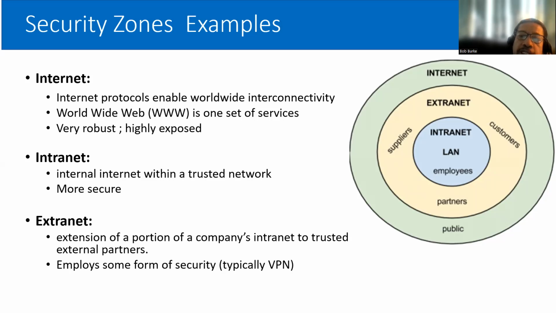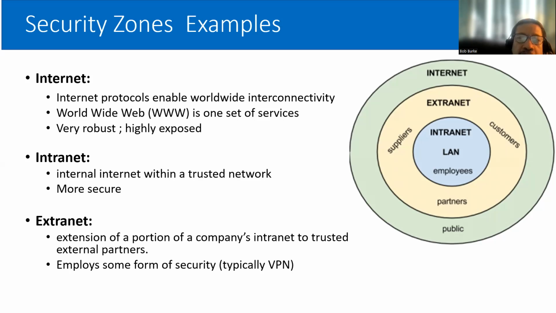An intranet is where we have an internal version of the internet, and only internal users can get to it. Outside, external users cannot get to your intranet. So for example, at Howard, there may be what looks like a little internet, and it has information for students and employees and people who are authorized to the Howard internal network only. Much more secure, but again, it does not have all the data that you might find on the internet.